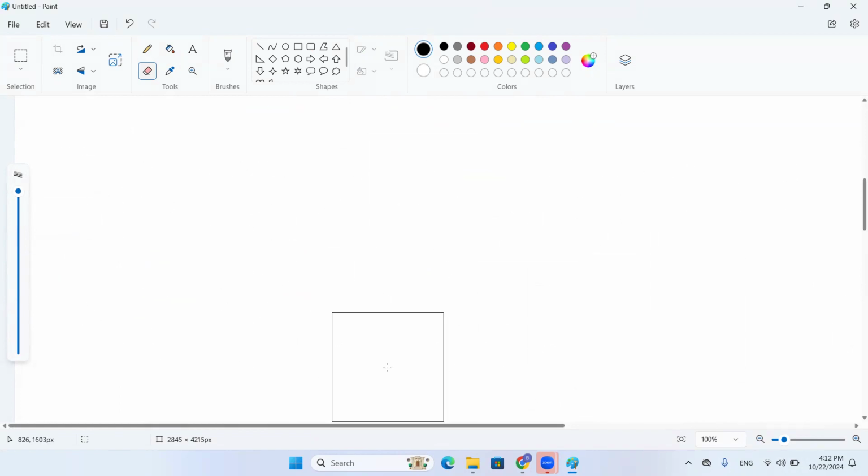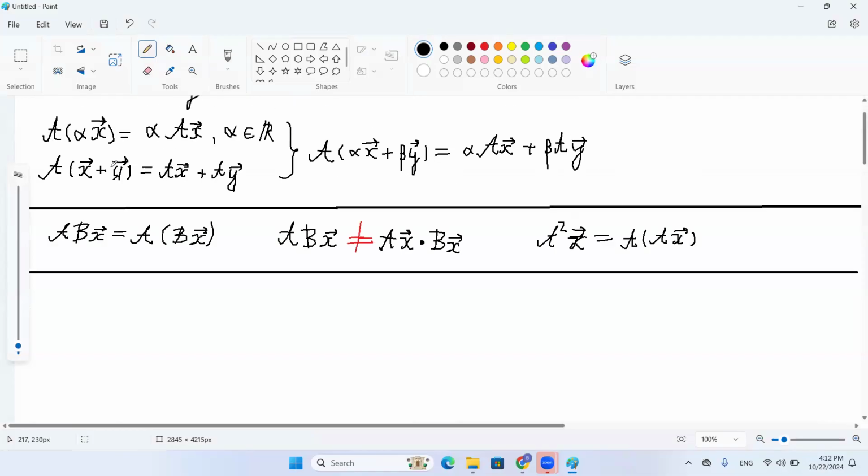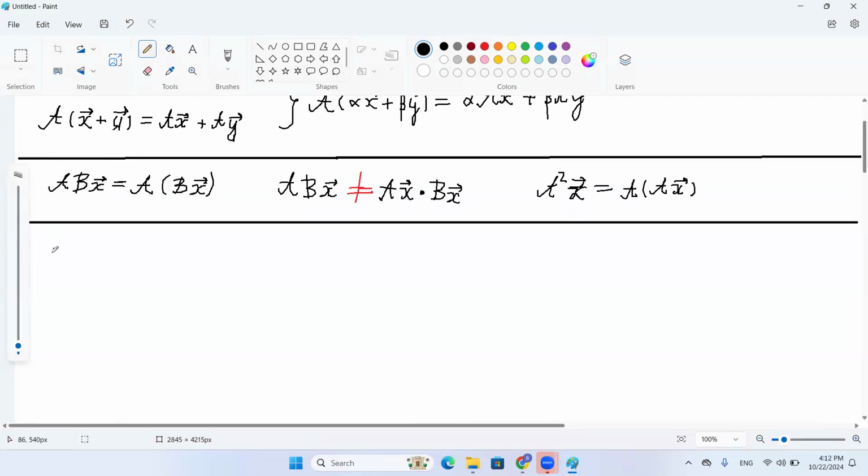And I have a question. What is the kernel of an operator? What is the image? What does it mean? Do you remember or not?